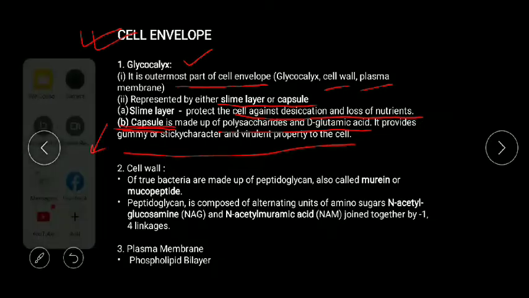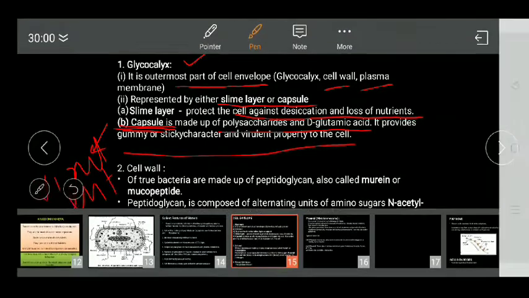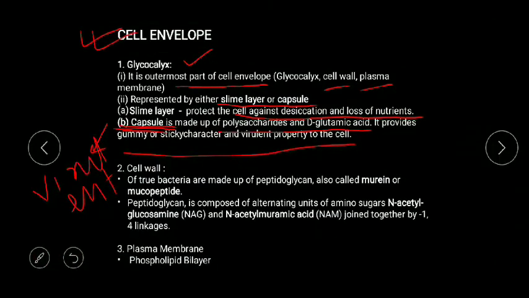One important point which you should remember is that the capsule has a virulent nature. So virulence in bacteria is given by this capsule.